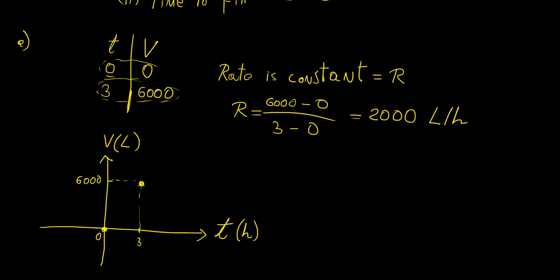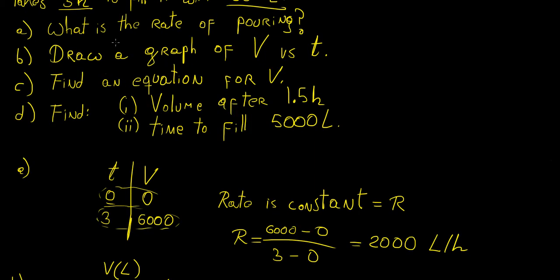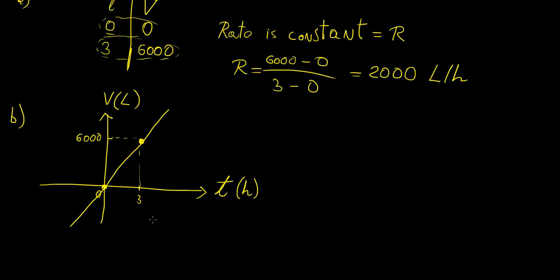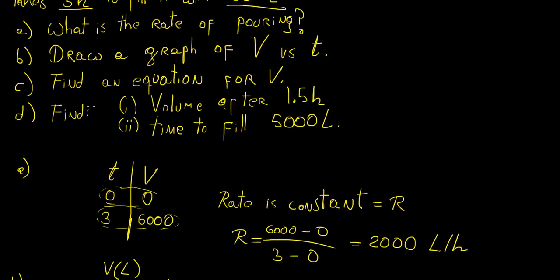If the rate of filling is constant, then we should assume that this is going to be a straight line, because a straight line is a line that has a constant gradient. So we can draw a line that passes through both of those points, and that gives us the relationship between volume and time. Actually, this would be part B of the question: draw a graph of V versus t. Well, we just did it, so that's done.